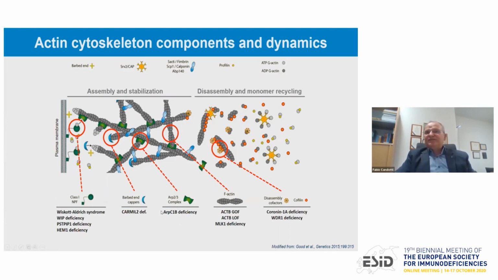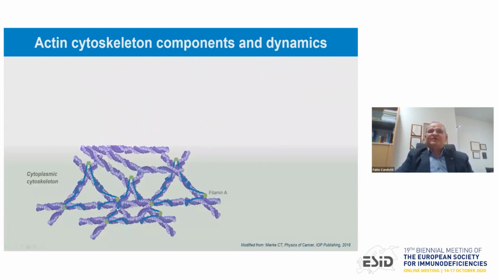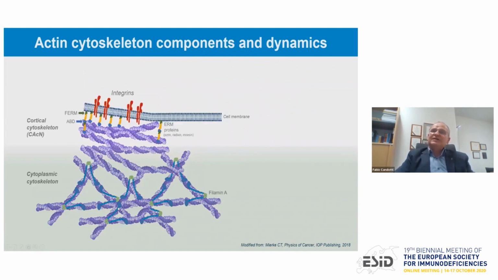Now, these defects that I've shown you so far affect the cytoplasmic cytoskeleton, but you should know that in addition to the cytoplasmic cytoskeleton, actin is involved also in the formation of what is called the cortical cytoskeleton, or the cortical actin network.